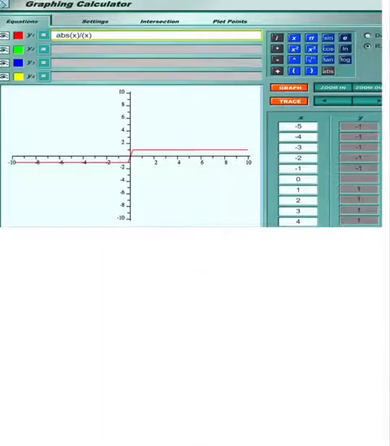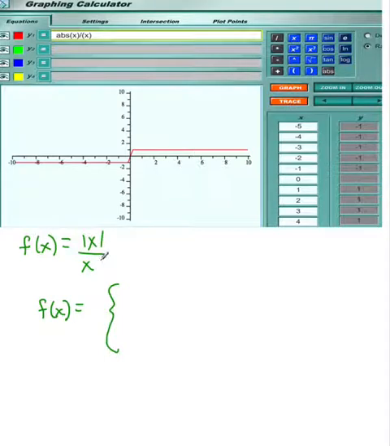Now, let's look at an example of what I mean. If I look at f of x is equal to the absolute value of x divided by x. Now, you know that this is the same thing as saying f of x is equal to... the absolute value of x is just x when x is positive.